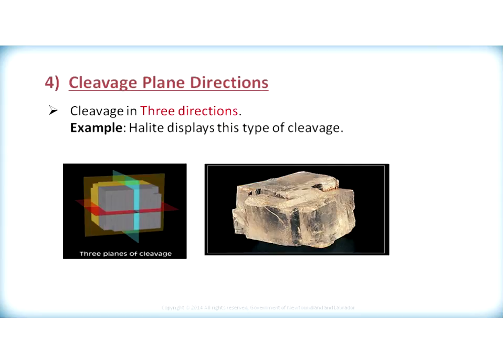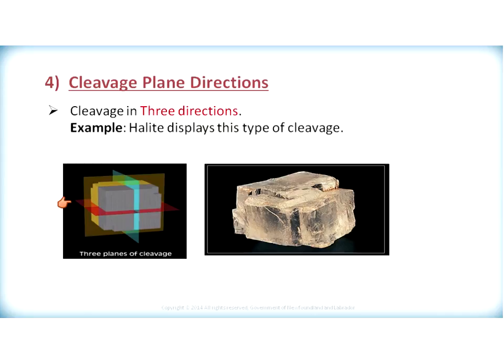Cleavage planes in three directions are represented in the diagram below. We see three planes of cleavage, and each of these planes is located at 90 degrees to one another. We see a vertical plane of cleavage represented by the yellow plane, another vertical plane of cleavage 90 degrees to it represented by the blue plane, and a horizontal plane of cleavage represented by the red plane.